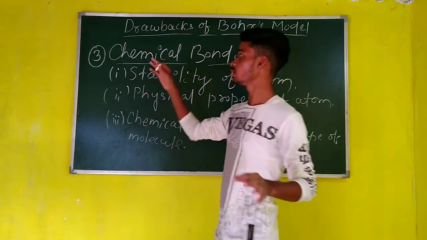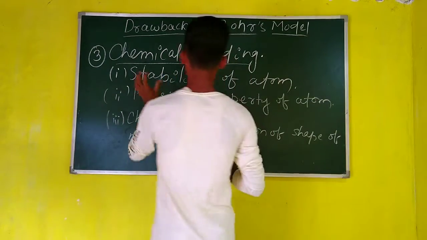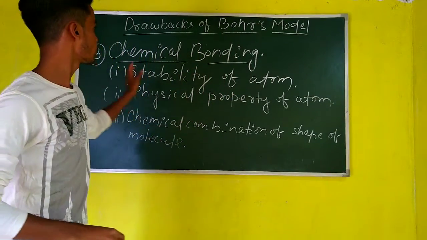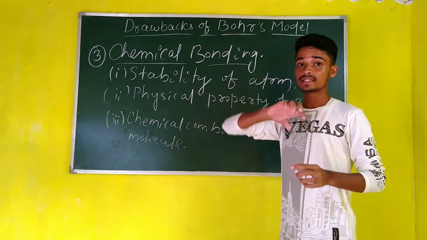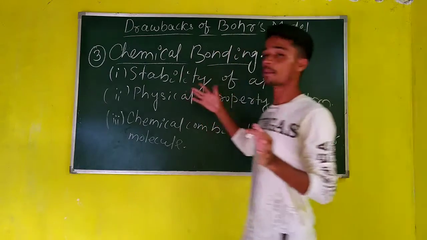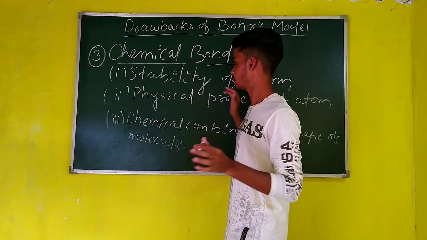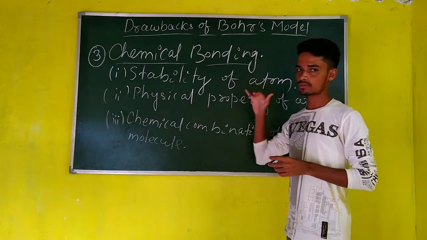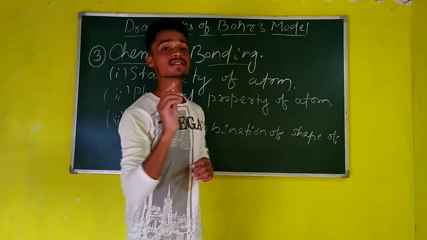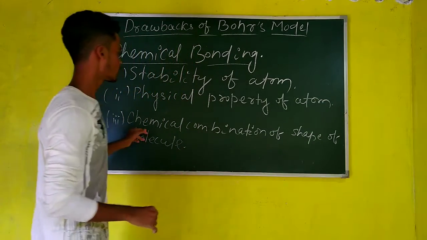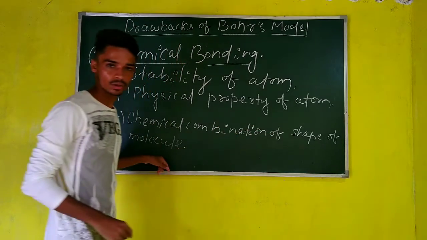Students, comes the third drawback. So what is the third drawback? Chemical bonding. Students, Bohr talked about the stability of an atom and the physical properties of an atom, but Bohr could not give a single view about the chemical combination and shape of molecules.